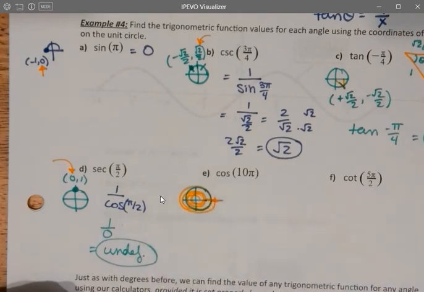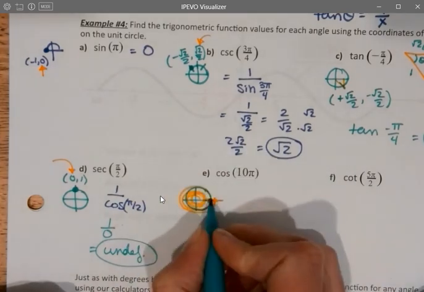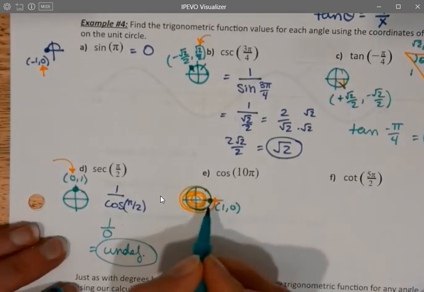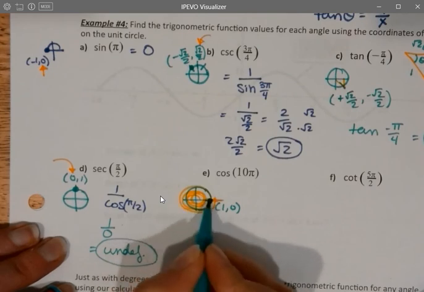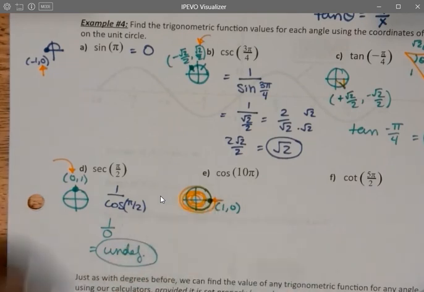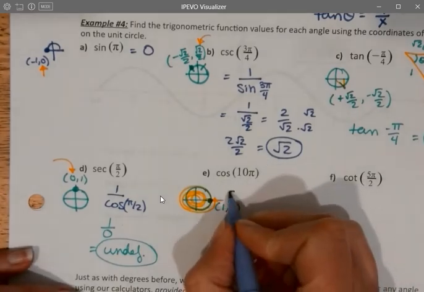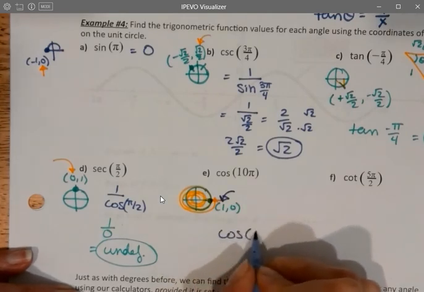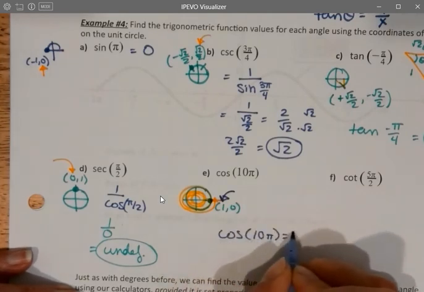So it's going to be on the unit circle right here at the ordered pair 1, 0. It makes sense because when I spin around, it's like 2 pi, 4 pi, 6 pi, 8 pi, 10 pi, right back to that same point. So the ordered pair is 1, 0. I want the cosine. The cosine is the x-coordinate, so it's going to be 1. So the cosine of 10 pi is equal to 1.